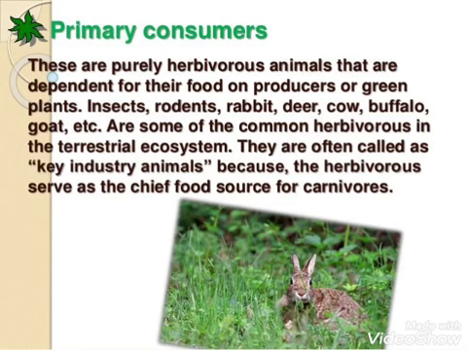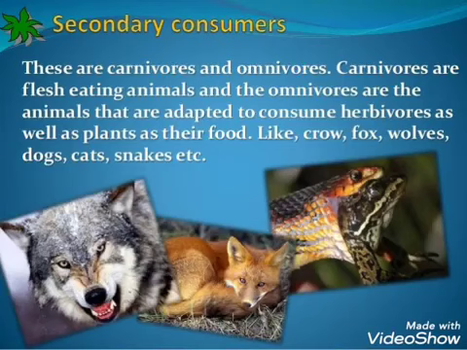Insects, rodents, and some herbivore animals like deer, cow, buffalo are known as the primary consumers of the ecosystem, and they are key industry animals as they serve as the chief food source of the carnivores.